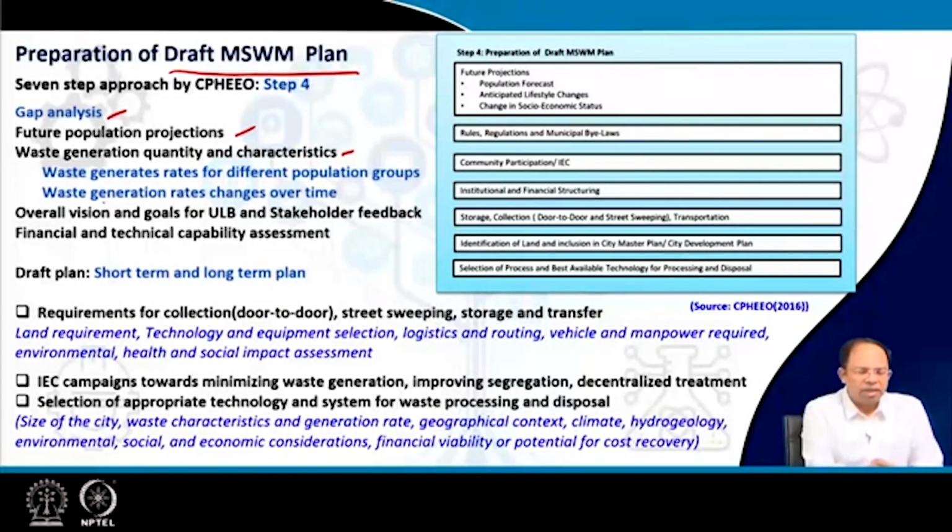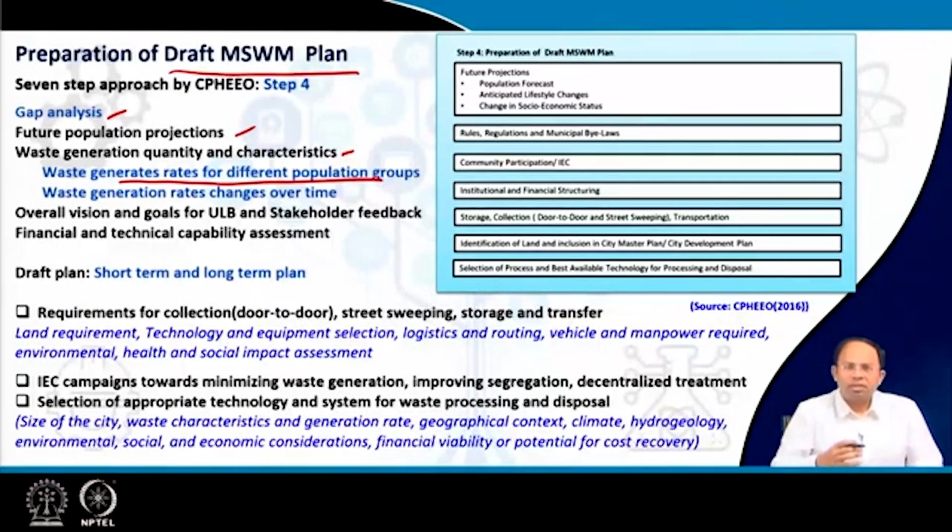So waste generation based on GDP and all these other indicators help us to determine the future rates. Sometimes we have to go into much more detail. That means waste generation rates for different population groups even, and how waste generation rates change over time.